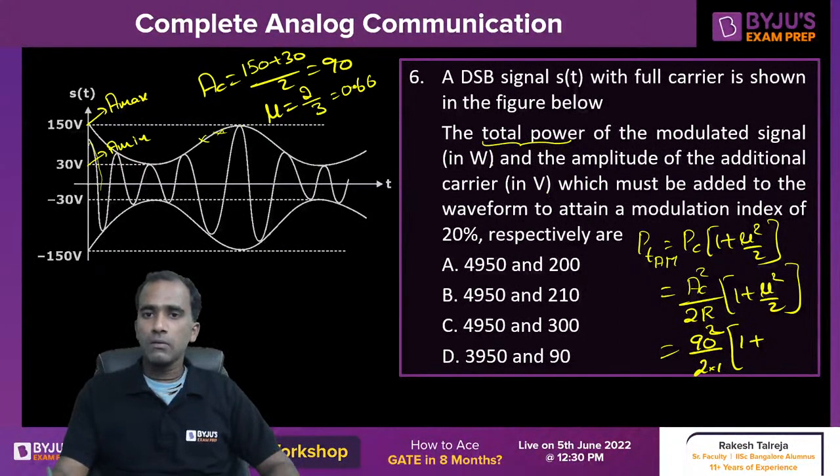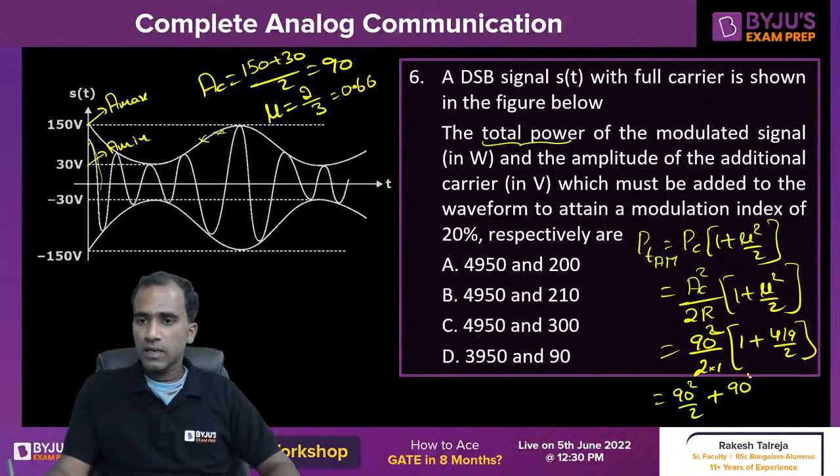What is the mu value? The mu value for the AM signal, before adding the carrier they're asking. So mu square is 4 by 9 divided by 2. So this is equal to, first part, 90 square by 2, plus second part, 90 square by 2 into 4 divided by 9 into 2.